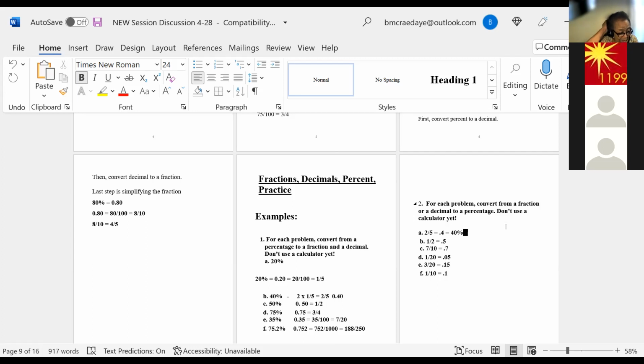Shift the decimal point 2 places to the right or just multiply it by 100. Multiply 0.4 by 100, or shift your decimal point 2 places. That means you put a 0, because right here would be 1 place and then a 0 would be 2 places. I have to practice this back and forth.